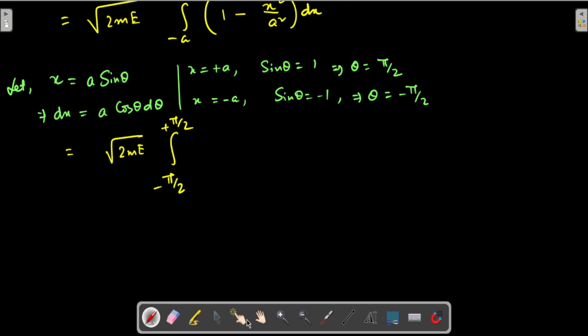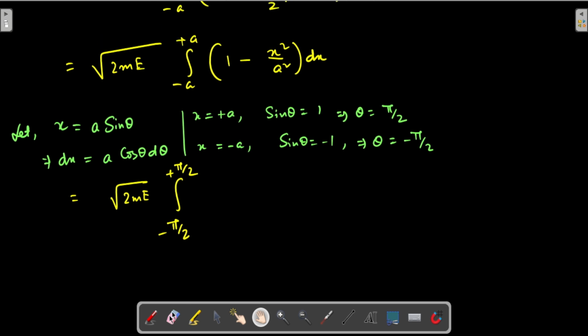I am replacing all the values. So 1 minus x squared will be a squared sin squared theta by a squared, into dx. dx will be a cos theta d theta.